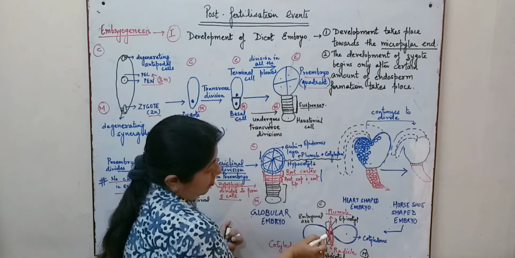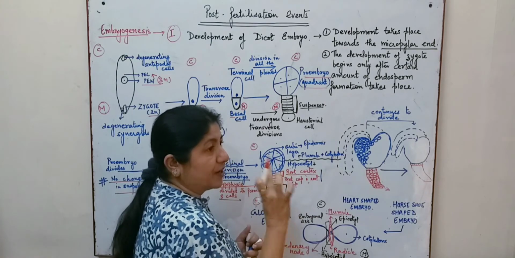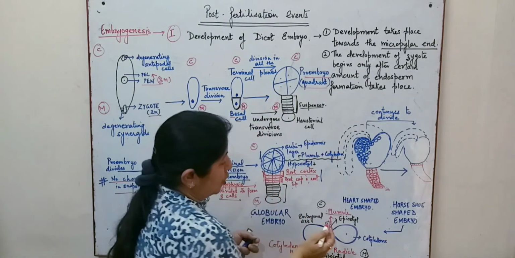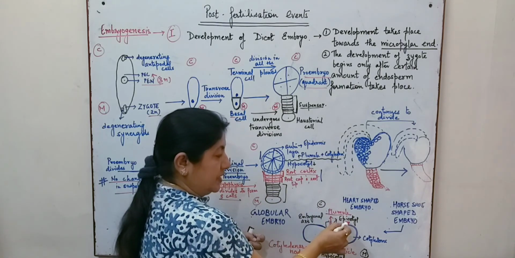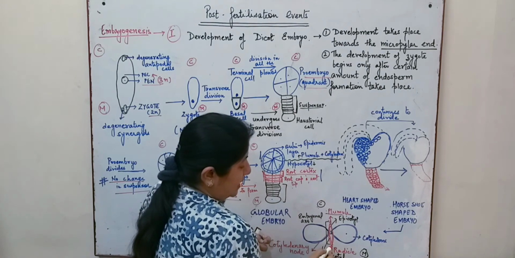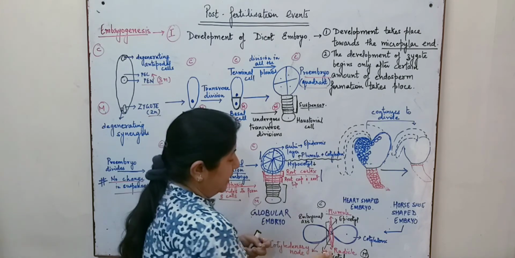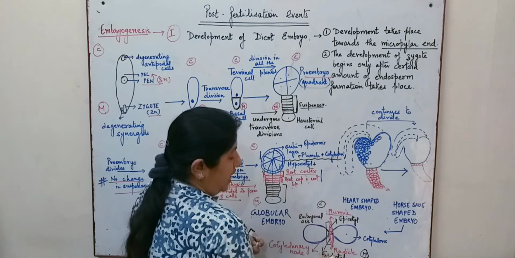You can see the cotyledonary node is somewhere in the center of the embryonal axis, that is, right from plumule to the radicle. So the space between the plumule and the cotyledonary node is the epicotyl, whereas the space between the radicle, that is the tip of the embryonal axis towards the micropylar end, and the cotyledonary node is known as hypocotyl.